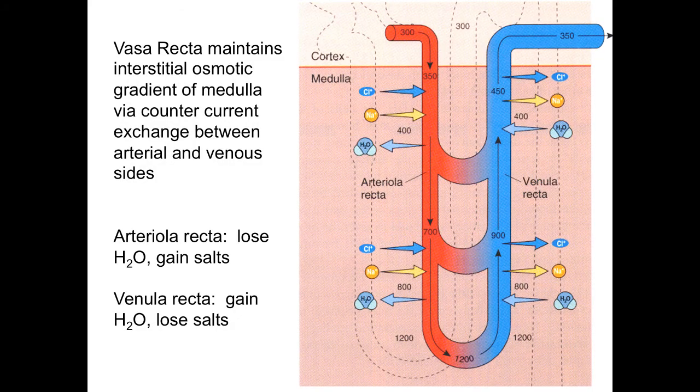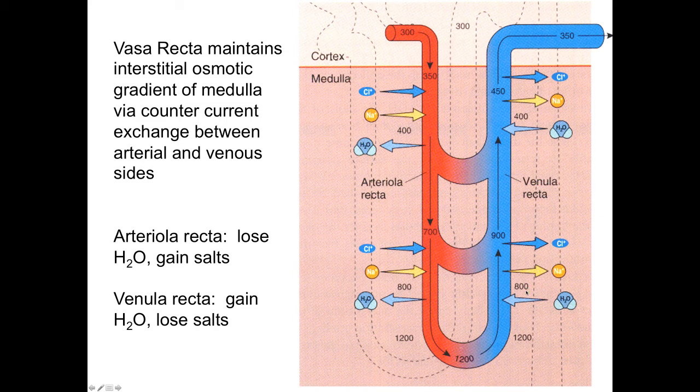The vasa recta plays an important role in maintaining the osmotic gradient in the medulla by countercurrent exchange between the arterial and venous sides of the vasa recta. The arterial side of the vasa recta has the ability to lose water and gain salts, whereas in the venous side of the vasa recta you tend to lose salts and gain water.